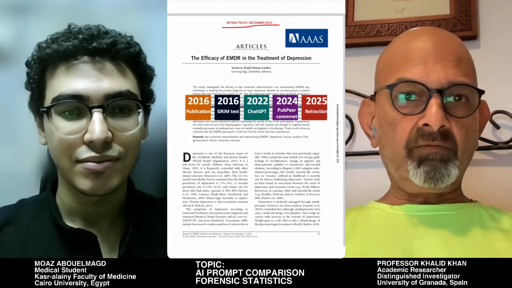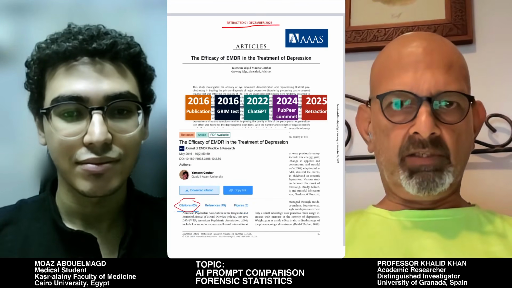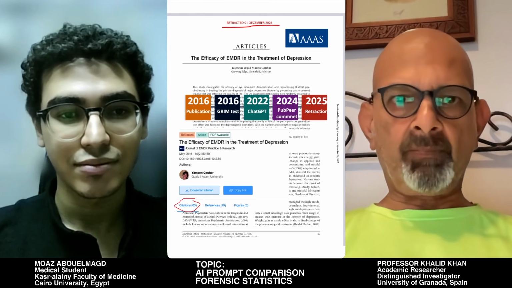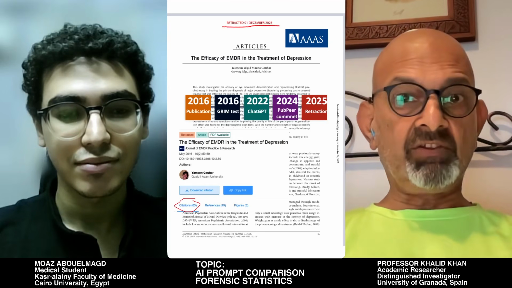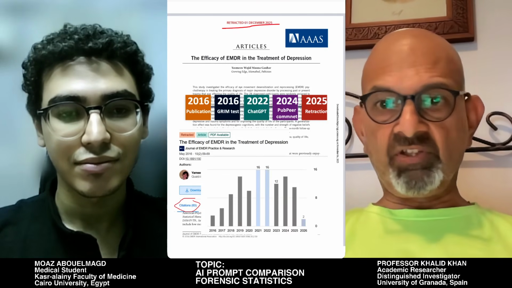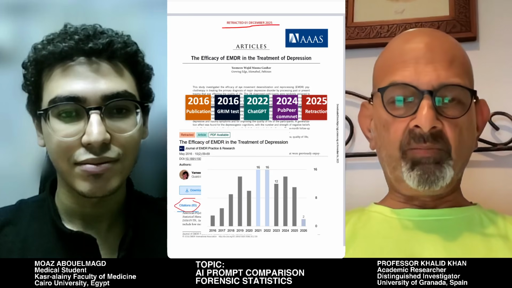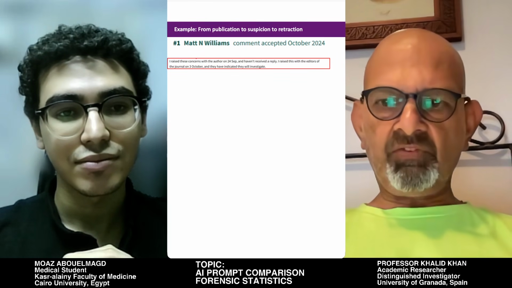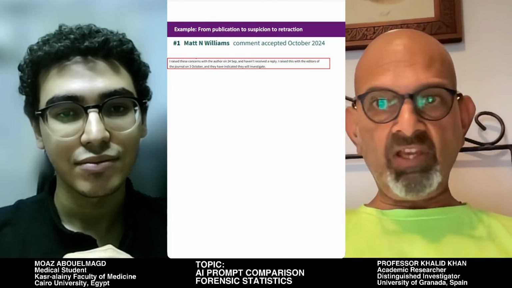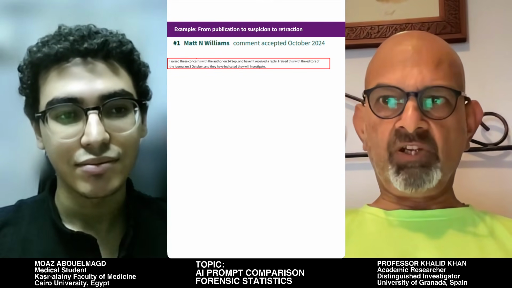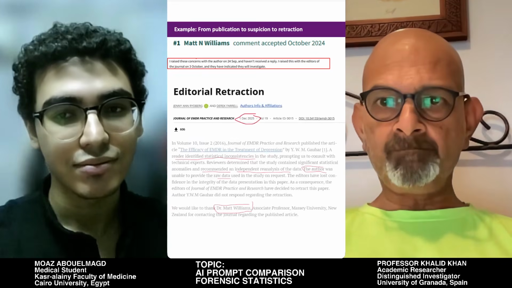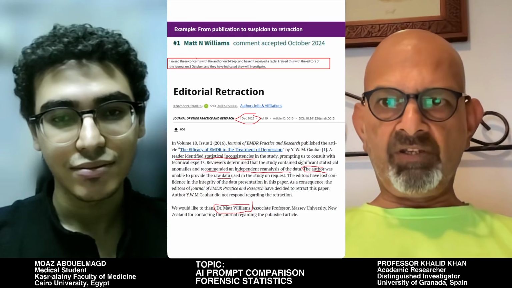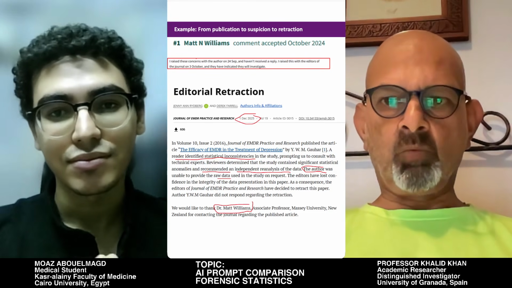In this year, we are going to present the AI analysis. By the way, before retraction, this paper had been cited 63 times, and here you see the citation graph, including 2 times following its retraction. Here is the human analysis that you see taken from PubPeer, posted in 2024 in October, and the editorial retraction in December 2025, nearly after 1 year.